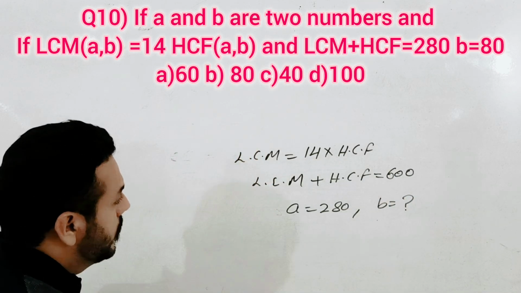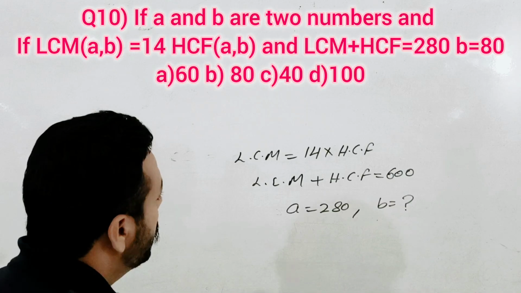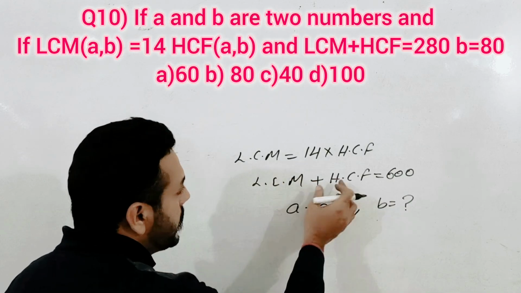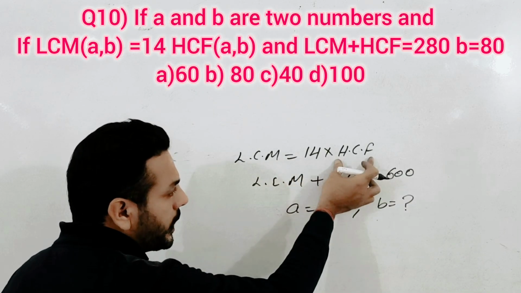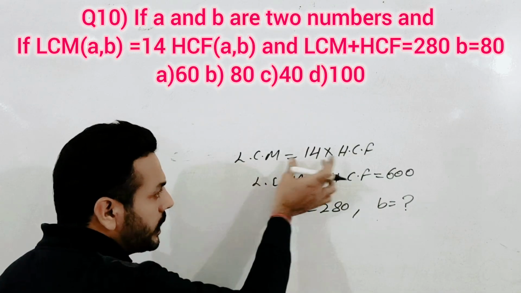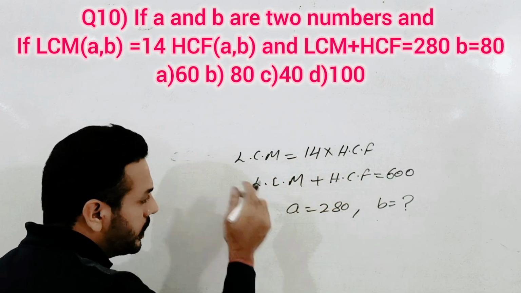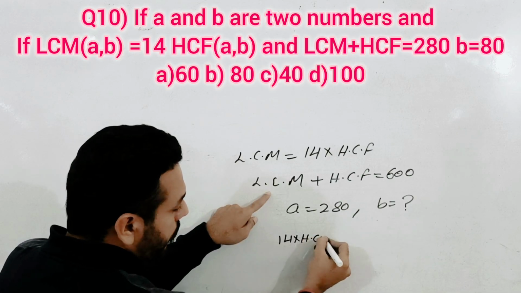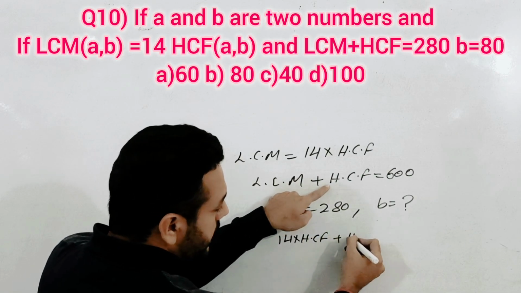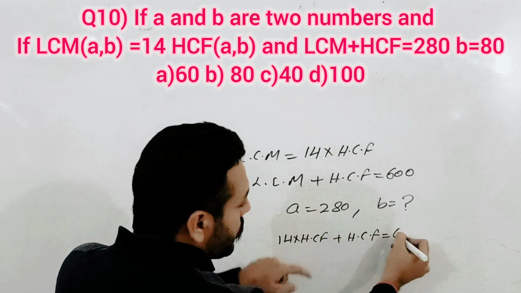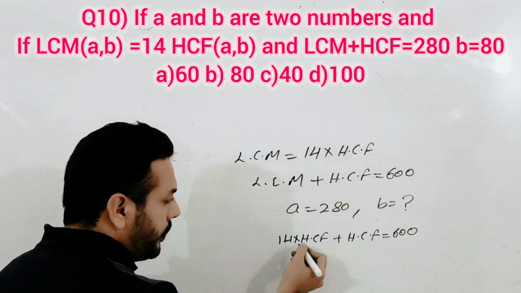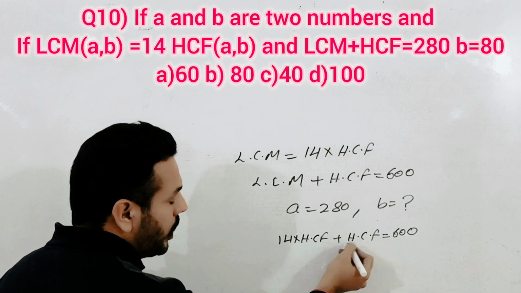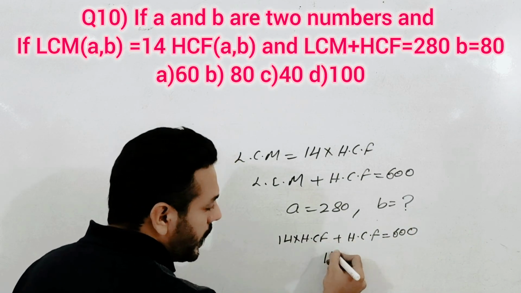Now here we find this is very interesting. LCM is 14 times HCF, so put this value of LCM here. So we get 14 into HCF plus HCF is equal to 600, right? 14 HCF plus 1 HCF, that is 15 into HCF.